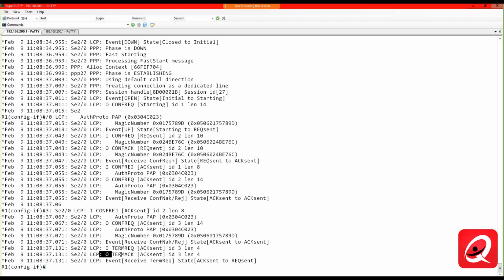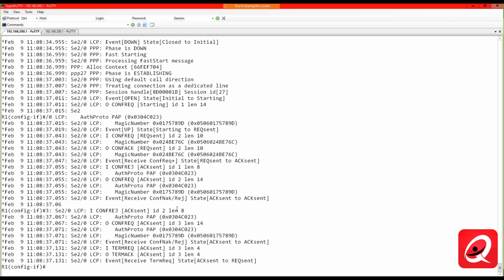This is inbound. I stands for inbound, O stands for outbound. So this is an outbound configuration request. This is an inbound configuration reject. We're rejecting the communication because the authentication protocol is PPP, but I'm not running PPP on both sides of the link.